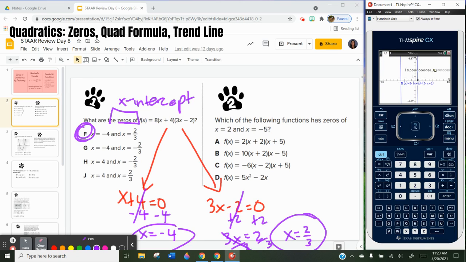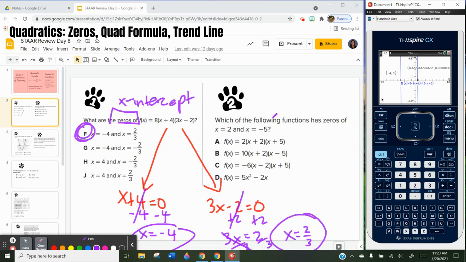So I'm going to find the 0 of the right-hand side, which is 0.6 repeating. 0.6 repeating is 2/3. And then we can follow that same process, menu 6, 1, and find the 0 on the left-hand side to get our solution, which is -4, 0. So again, the x-intercepts were -4 and 2/3.